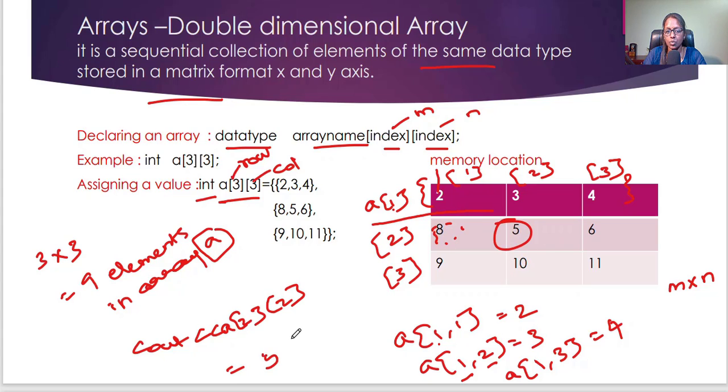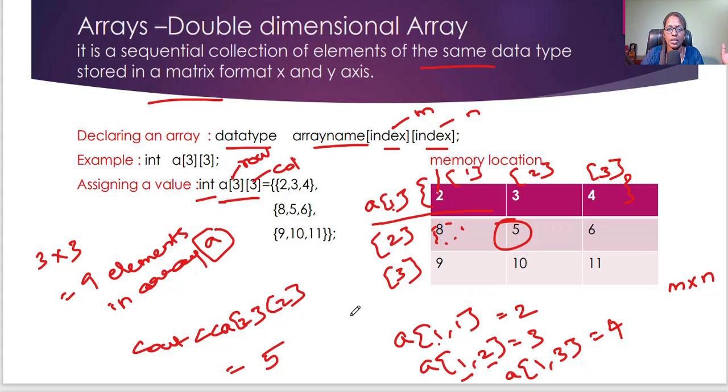You can also do some manipulation based on this array data, like a of 2 comma 2 multiplied by 5, addition by 10, or whatever you want. You can do any manipulation based on this matrix data. Okay, this is called a double dimensional array.